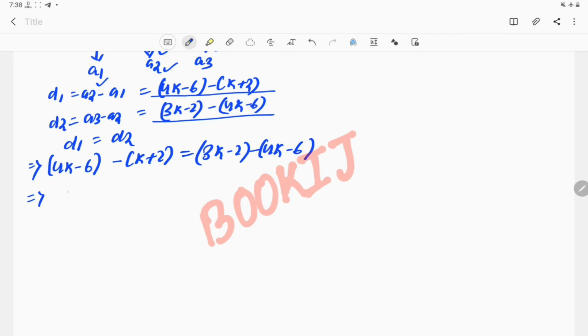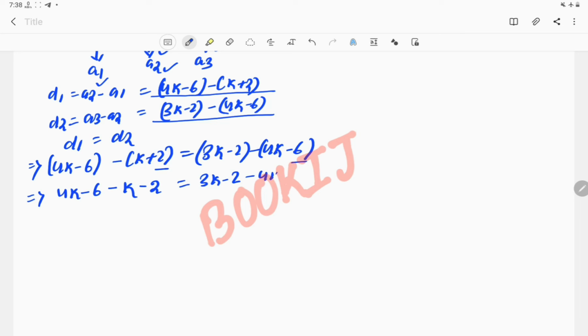Now we'll open the bracket of k plus 2. Previously minus is there, so after opening the bracket it will be minus k and minus 2. And in the RHS also 3k minus 2 as it is, we'll open the bracket of 4k minus 6.